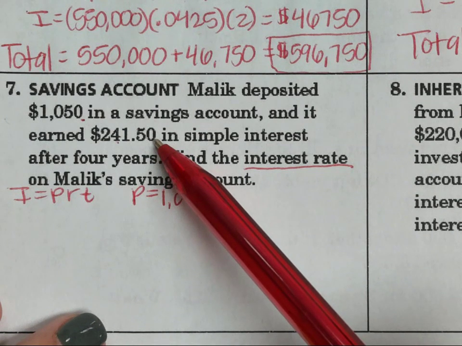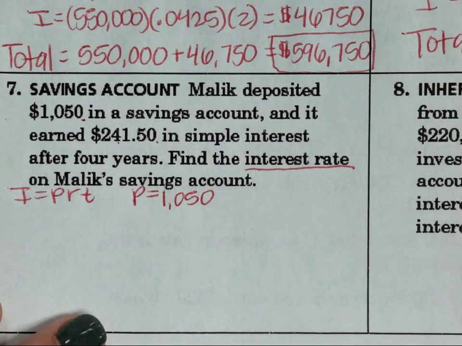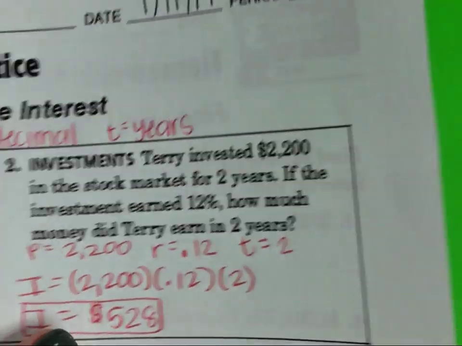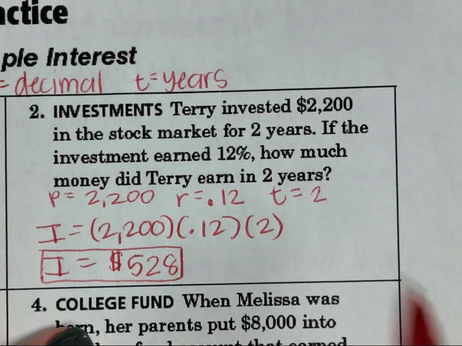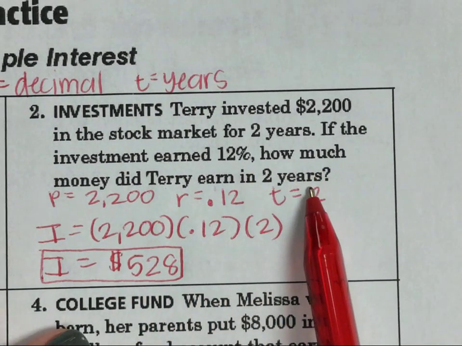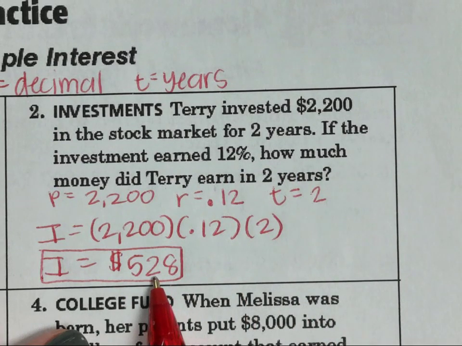The rate, the percent. Okay, so if we look up at, let's see, what number was it? Number 2, it asked us, how much money did Terry earn in 2 years? He earned $528. So remember, the simple interest, I, is how much that savings account is earning over an amount of years.